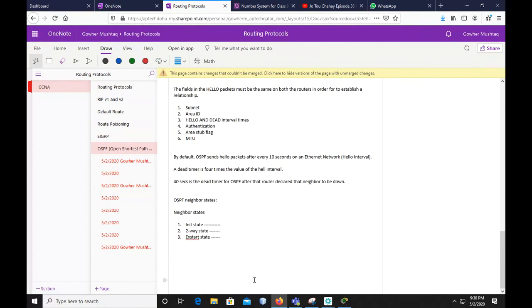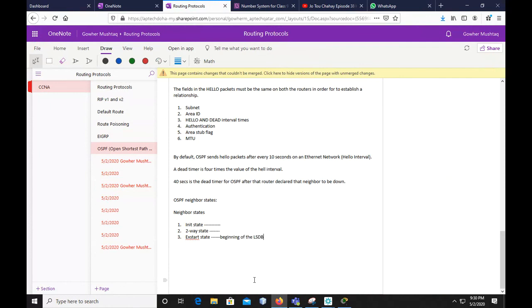Now ExStart is the beginning of the LSDB exchange between both. When both routers have sent hello packets to each other, then it's time to share the information. What is that? It's the beginning of the LSDB.